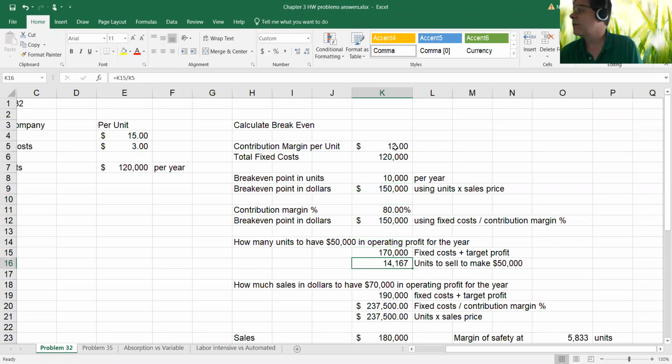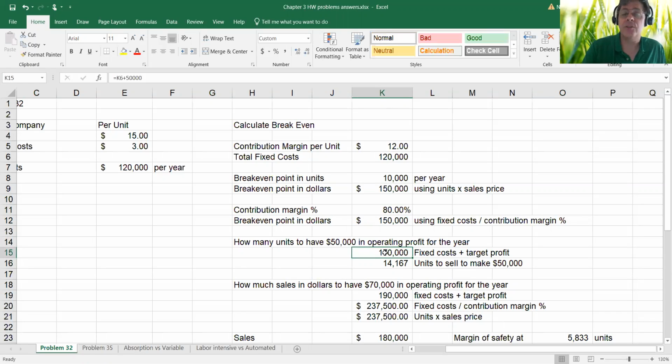Now then, the question asked us to be able to do it with a $50,000 per year profit. I mean, it's not good enough just to break even, right? So if we do that, we add the 50,000 to our 120,000 of fixed costs.